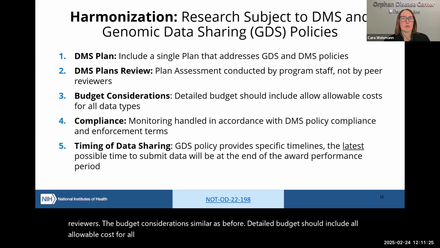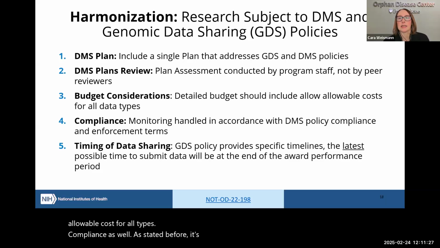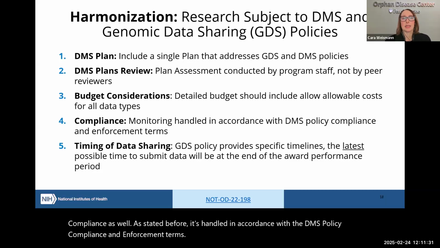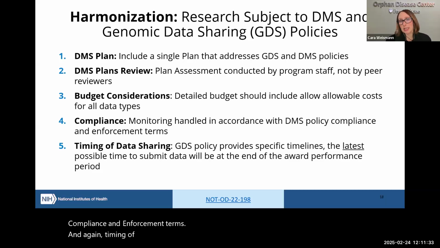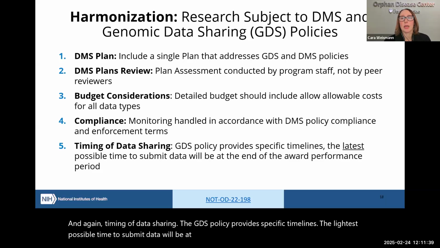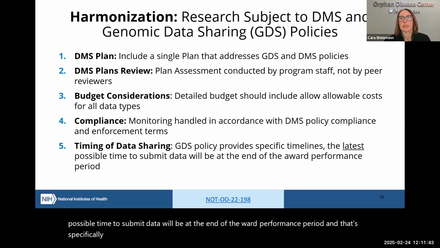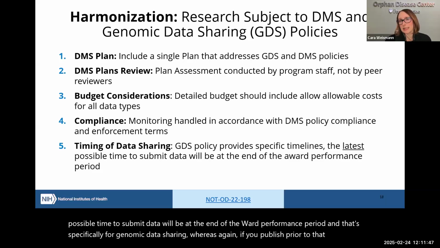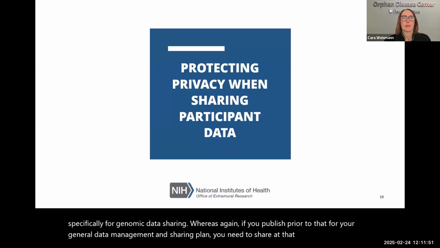Compliance, as stated before, is handled in accordance with the DMS policy compliance and enforcement terms. And again, timing of data sharing: the GDS policy provides specific timelines. The latest possible time to submit data will be at the end of the award performance period, specifically for genomic data sharing, whereas if you publish prior to that, for your general data management and sharing plan, you need to share at that time.